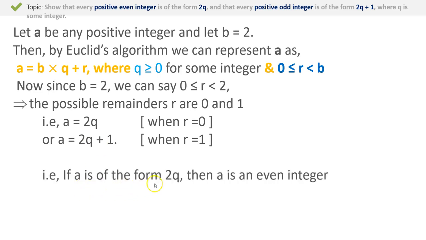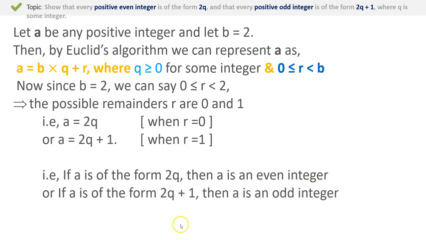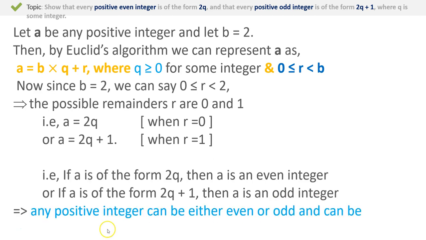That is, if a is of the form 2q, this is an even integer because you can divide it by 2. However, if a is of the form 2q plus 1, then this is an odd integer because you cannot divide this by 2. Hence, any positive integer is either even or odd and can be represented as 2q or 2q plus 1.